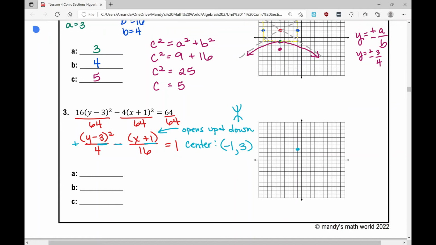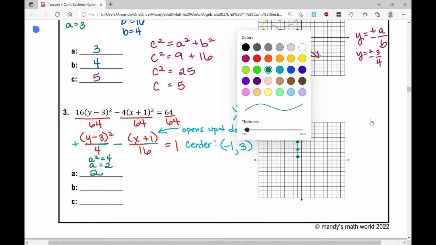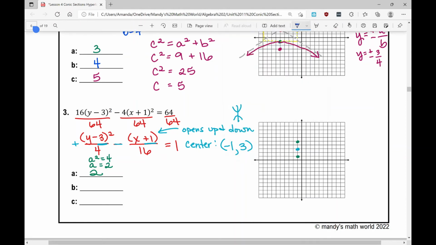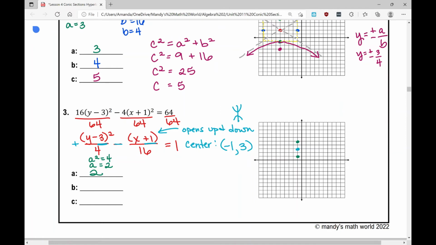The a value is the distance from the center point to the vertex on the transverse axis. It's always under the positive fraction. So a squared is going to equal 4, which means a equals 2. From that center point, going up 2 units and down 2 units would show me where my vertices are on that transverse axis.